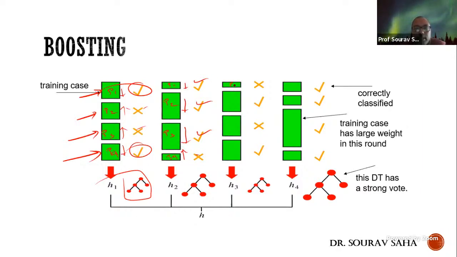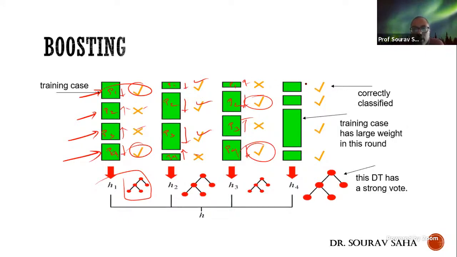So this time, P1 smaller, P2 smaller, P3 smaller, P4 larger. This time, P4 kind of data I've been able to identify properly. P2 I've been able to identify properly, but P1 and P3 have gone back once again. So this time P1 will go up, P2 will come down, P3 will go up, P4 will come down.